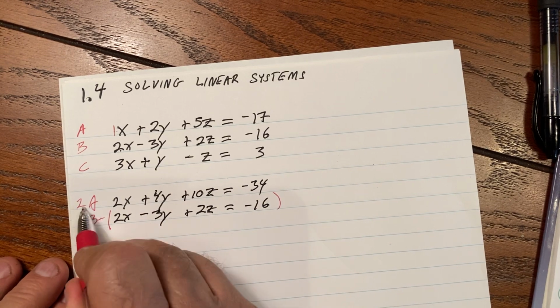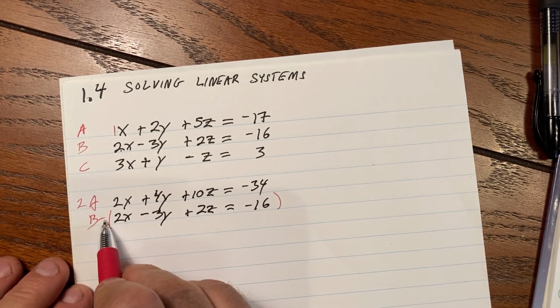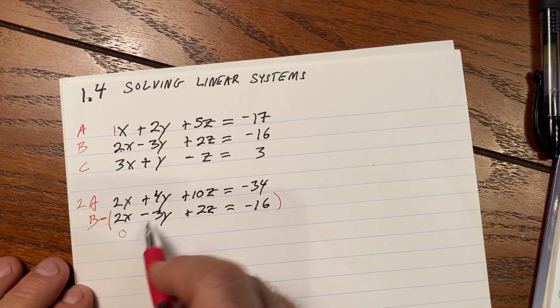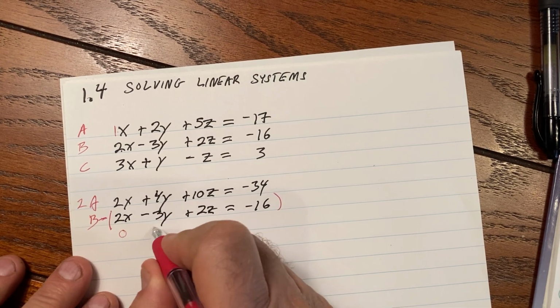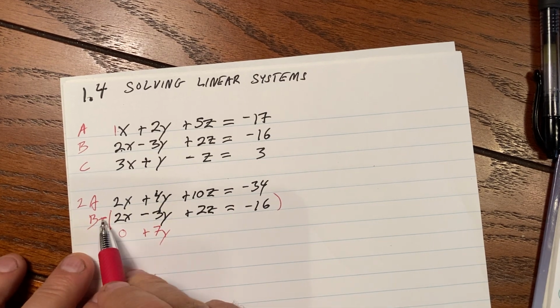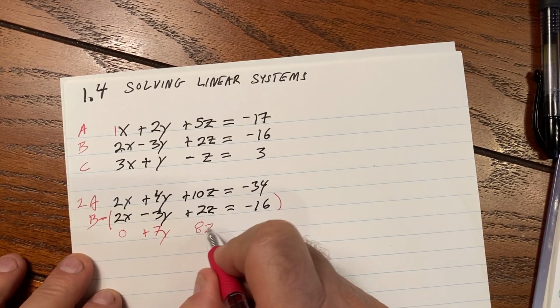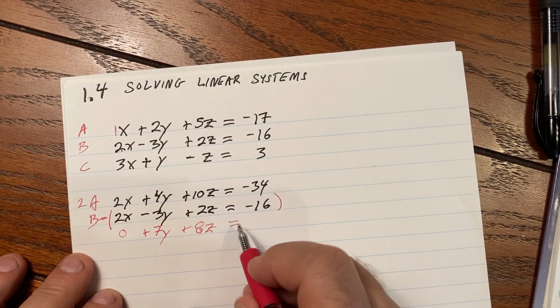I'm going to take this equation 2A minus this equation here. This minus this is 0. This minus this is a 7y. This minus this is 8z equals.